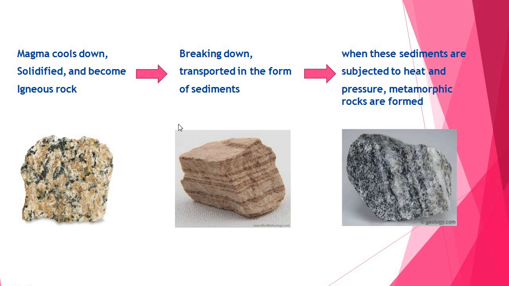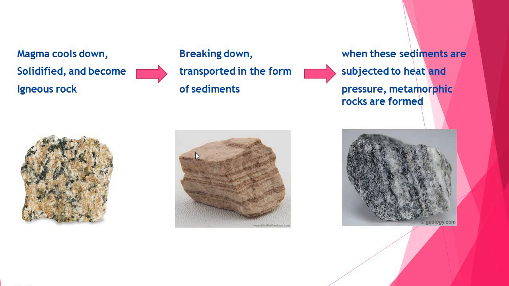Then we studied about the formation of sedimentary rock, that when the igneous rock rolls down and breaks down, the sediments are formed. Now when the sediments are transported or carried by wind or water and settle at a place for a long time, the layers are formed and it is known as sedimentary rock. You can see here breaking down, transported in the form of sediments.